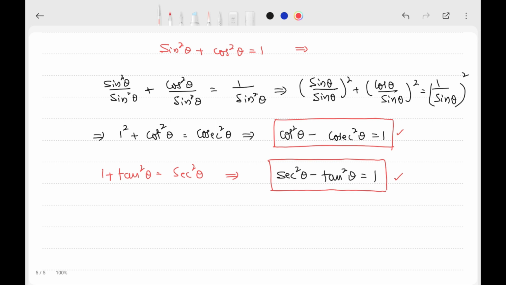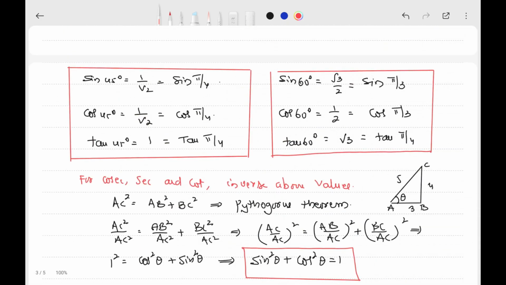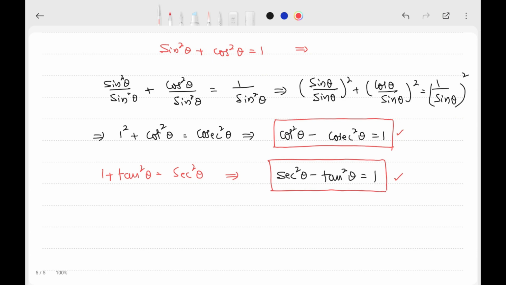Now, for example, you just see the values. When is sin theta equal to cos theta?